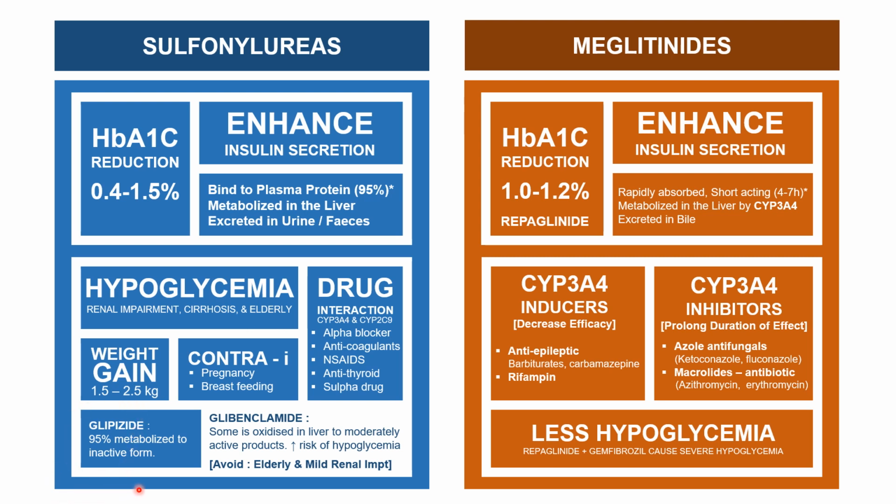Glipizide, of the latest generation of sulfonylureas, is among the safest sulfonylureas, as 95% is metabolized to an inactive form. These sulfonylureas should be used with caution because they are highly bound to plasma protein. Competition for metabolizing enzymes with this group of drugs interferes with excretion of the drug and leads to hypoglycemia.